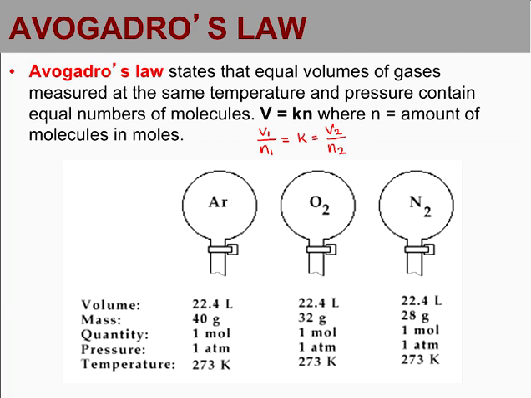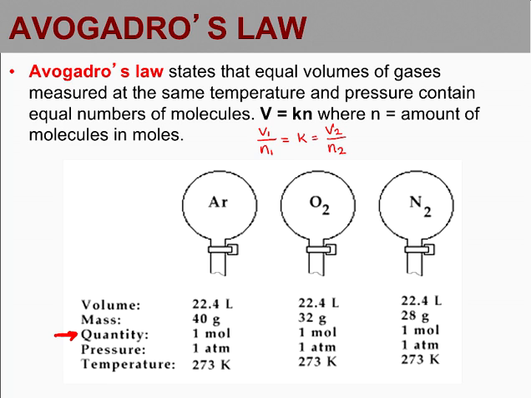Now, down below, you'll notice a diagram where we have three different, I guess we'll call them cylinders. They're really round bottom flasks, and each one has a different gas. So the first one contains argon, the second one contains oxygen, and the third one contains nitrogen. Now, you'll notice that the quantity of gas within each bulb is 1 mole.